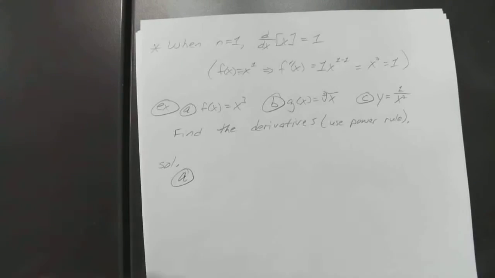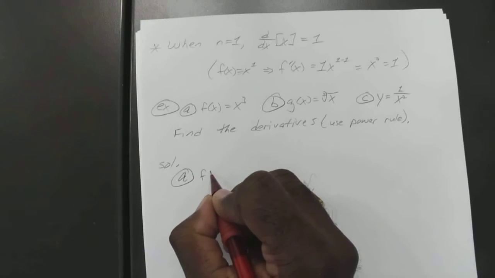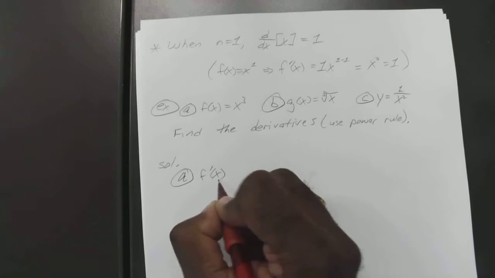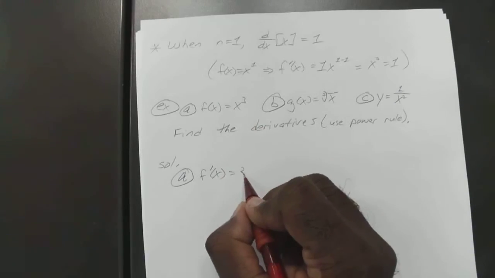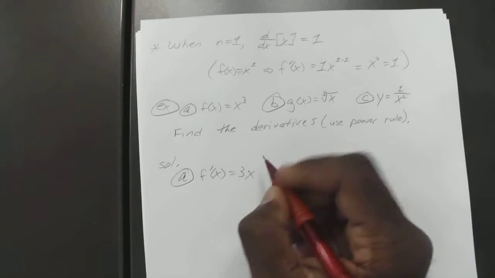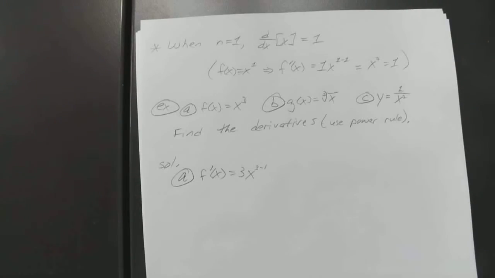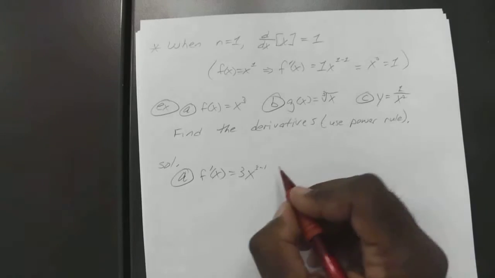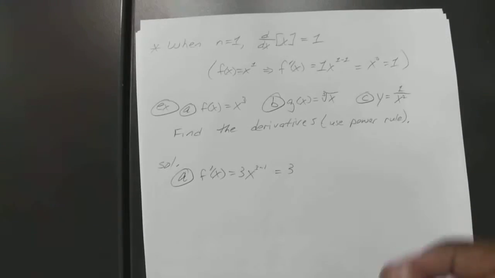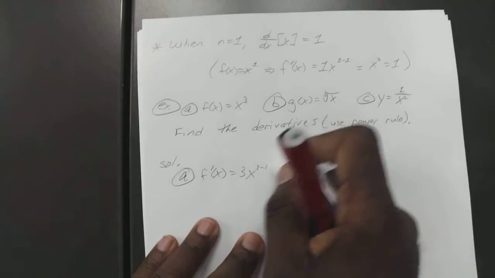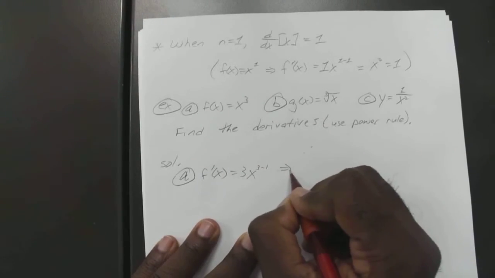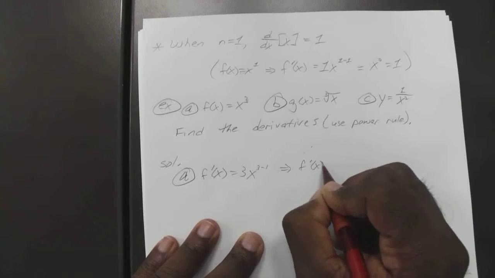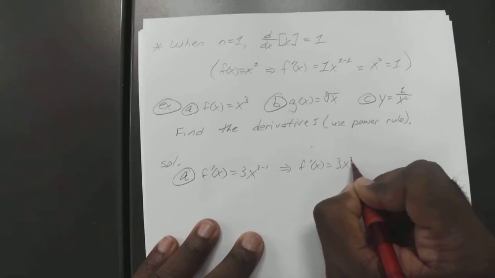For A, we know that f prime of x is equal to, we're going to bring that 3 down to the front, and then subtract 1. You always subtract 1 from the exponent. So f prime of x would equal 3x squared.